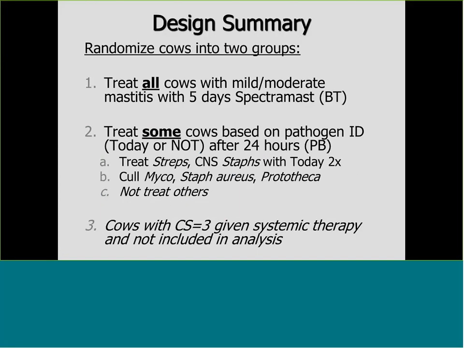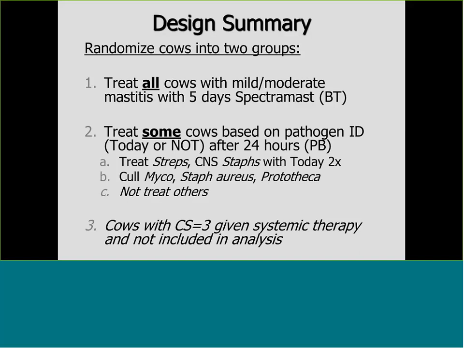All the cows on the dairy were randomized to one of 2 treatment groups in DairyComp, and we were just waiting for them to get mastitis. So every time a cow got mastitis, the guys would go over and look in DairyComp and say, okay, was she in treatment group 1 or was she in treatment group 2? All the cows had a milk sample taken, okay?